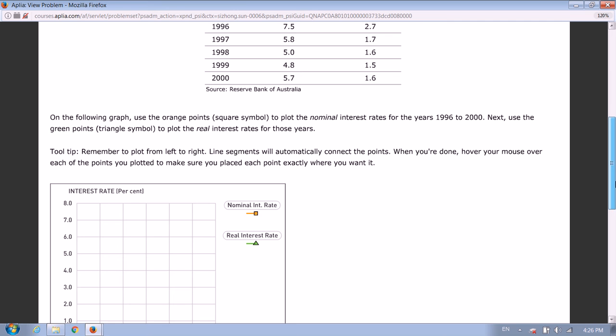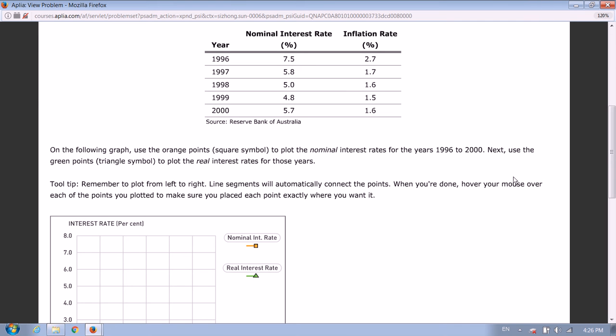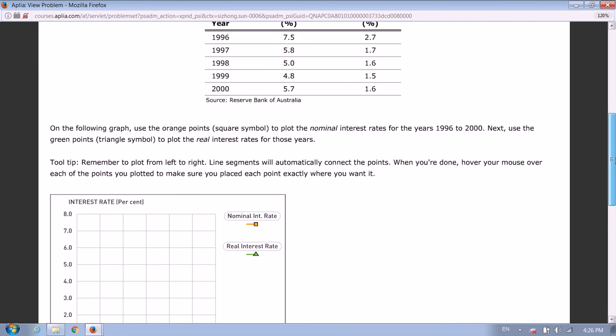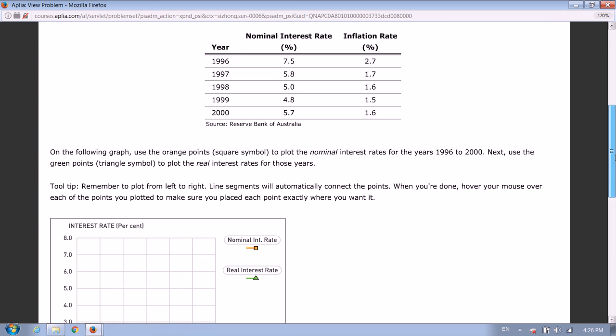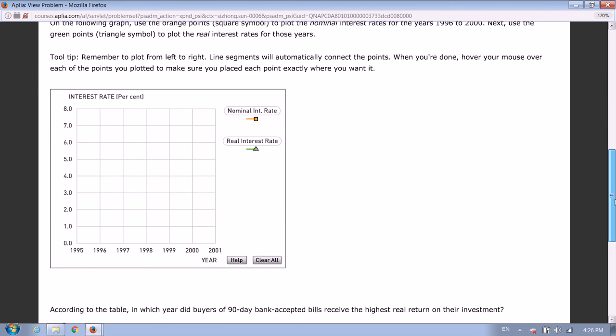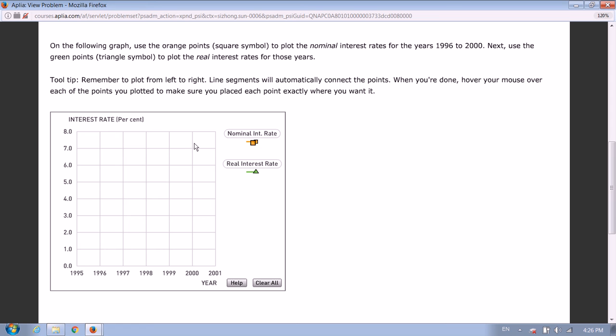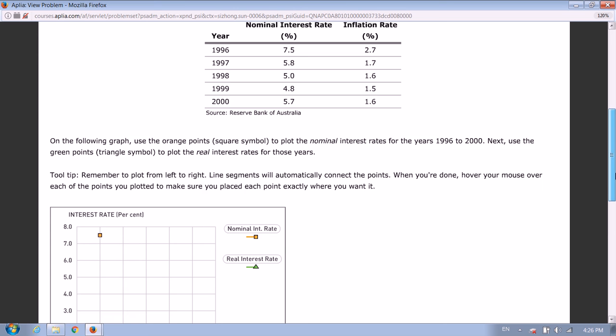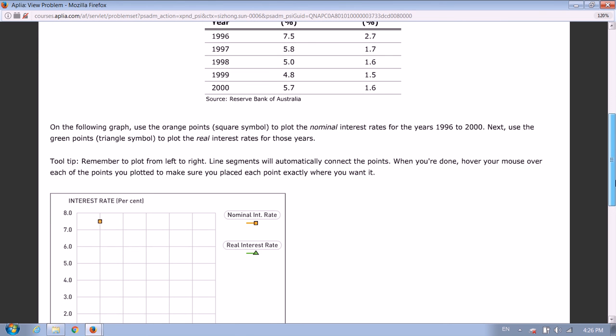So in year 1996, the nominal interest rate is 7.5%. In year 1997, 5.8.